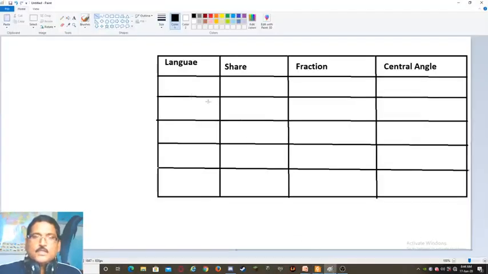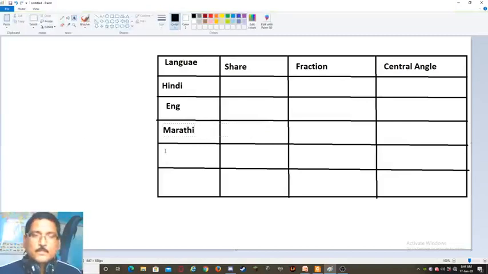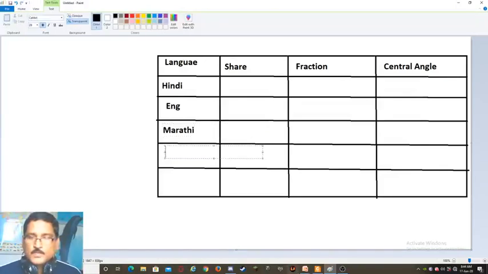Hindi, English, Marathi, this is Bengali, I think.